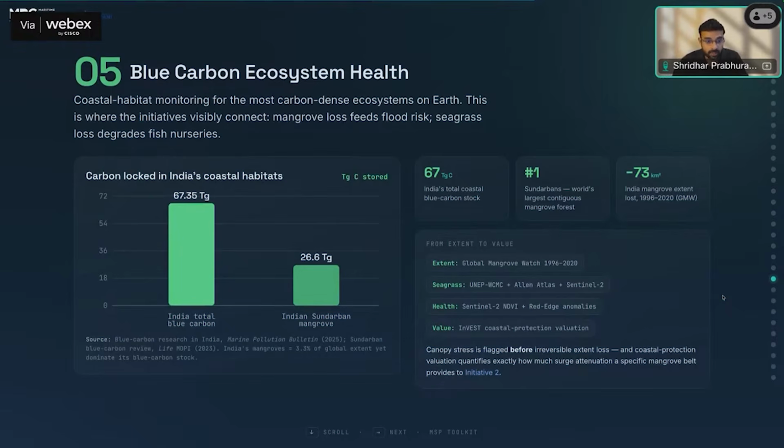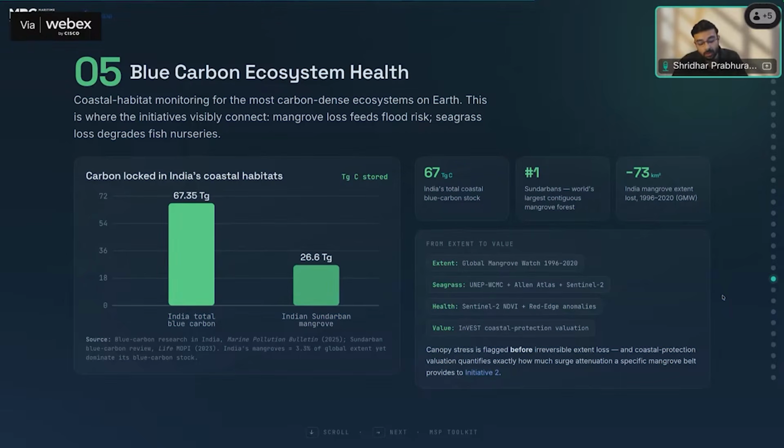Blue carbon and ecosystem health. Now, seagrasses and mangroves are extremely important elements for us. But today, we have not even mapped the complete extent of mangroves. So none of the figures that we have are realistic in that way. Whatever we obtain through satellite data or otherwise is only partial information.